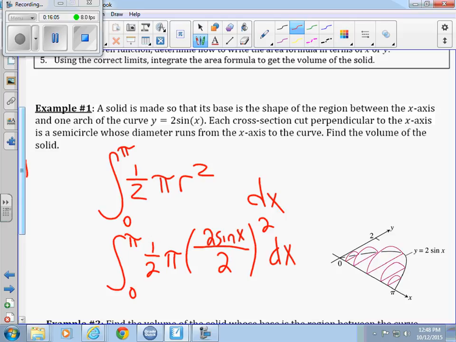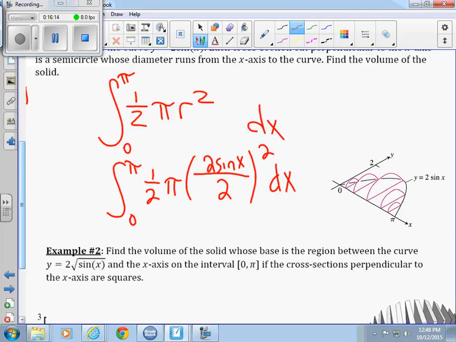Soon we can do sine squared by hand, but that is a BC calculus topic. Good? No? Calculator? Okay.